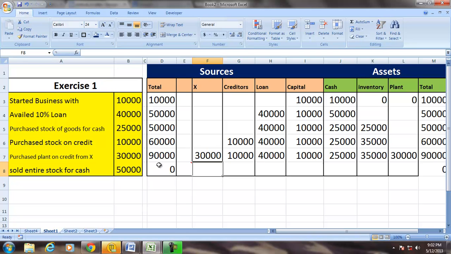We can see that the total of the sources is equal to the total of the assets.